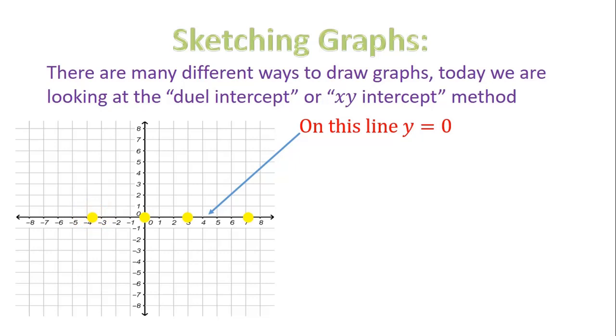Negative 3.8 is my x value, but my y value is 0. And there again, negative 7.8 or so, my y value is 0. And so anywhere along that line, y equals 0.